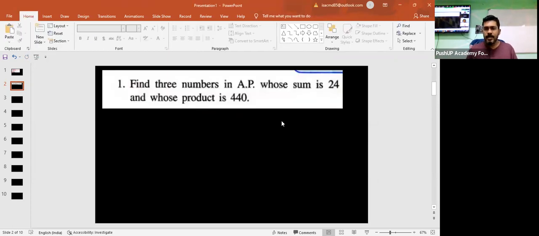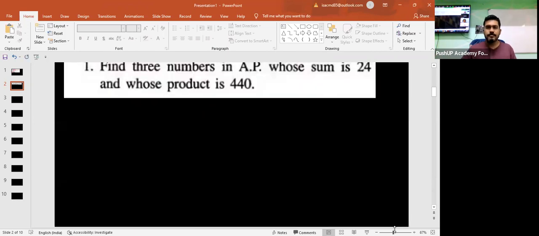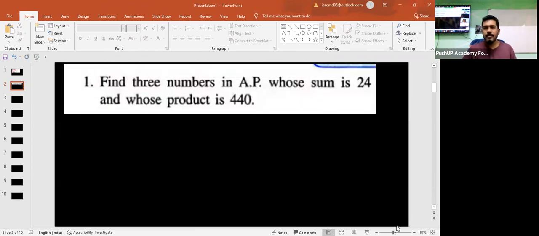Find three numbers in the arithmetic progression whose sum is 24 and whose product is 440. Did you notice? They never mentioned what the first term is, and they never mentioned what the common difference is.